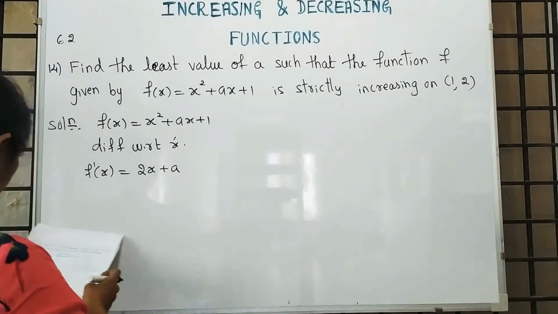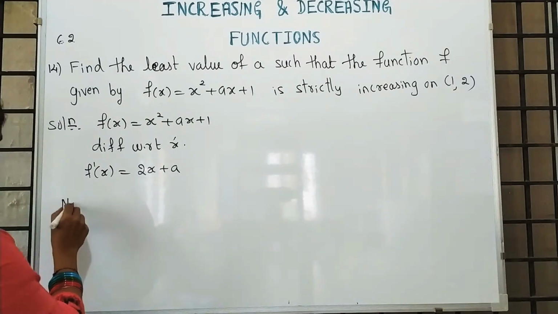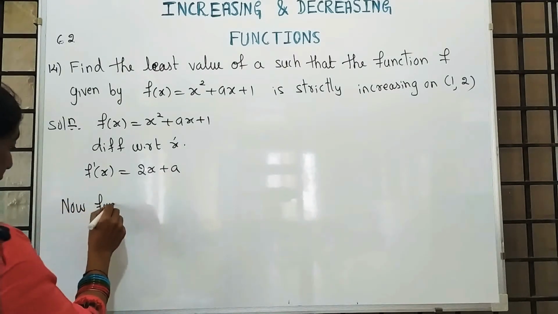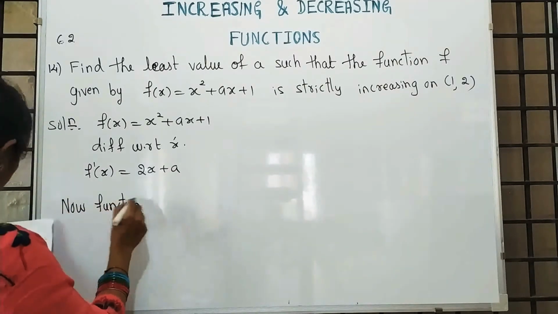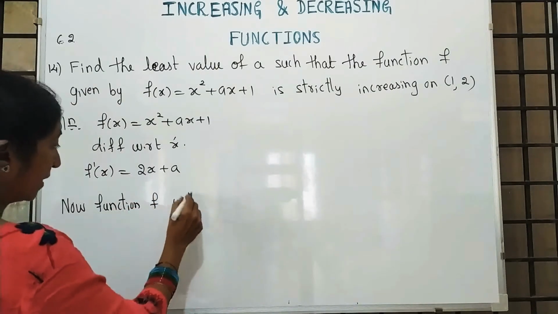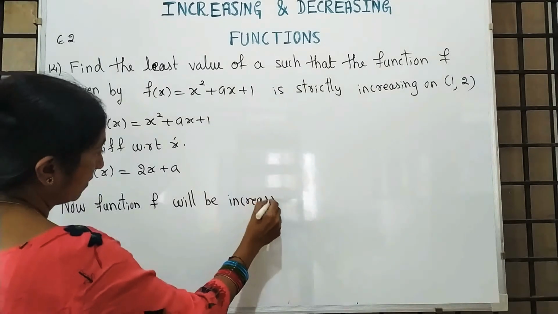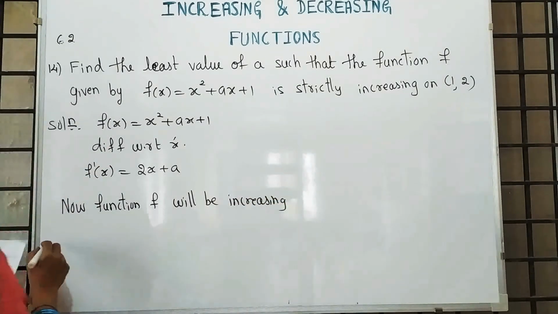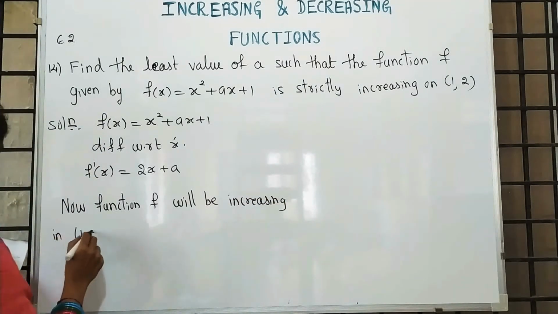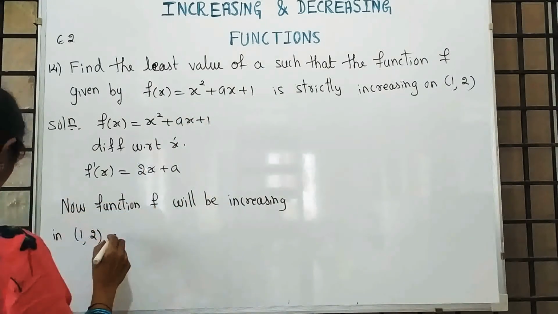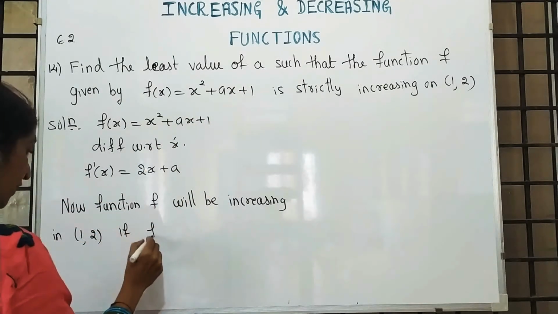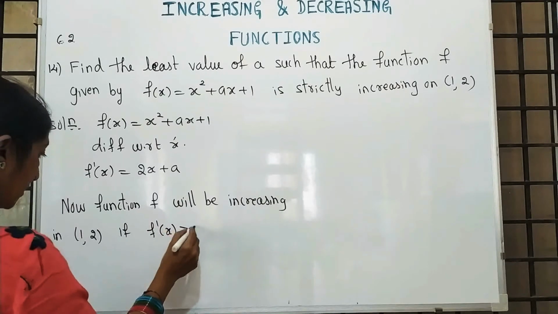Now write down. Now function f will be increasing in the interval 1, 2 if the first derivative is greater than 0.